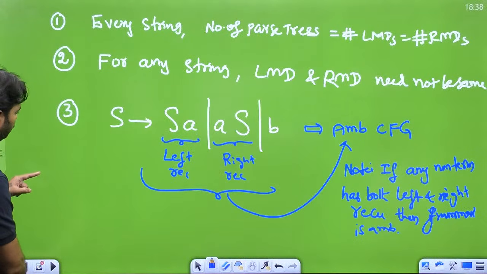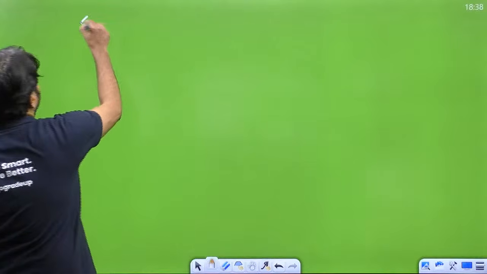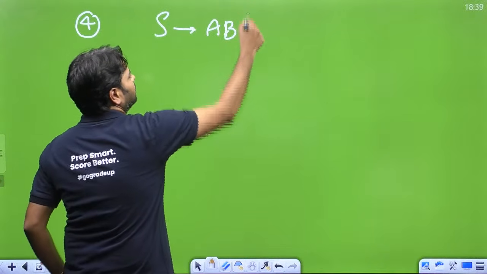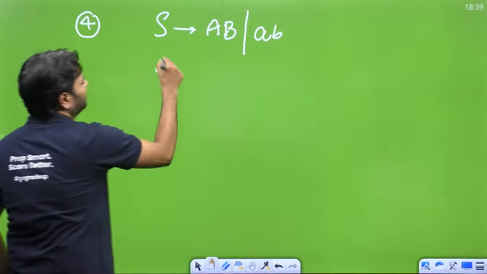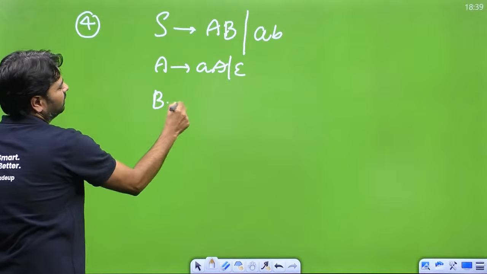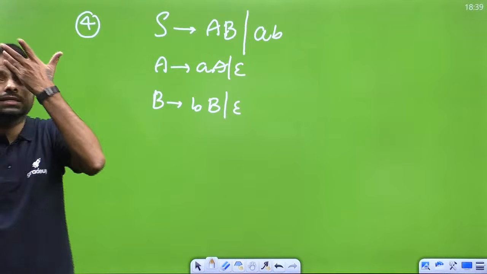Let's move. Fourth one. Look at this one. It is very difficult to identify ambiguity in some cases.